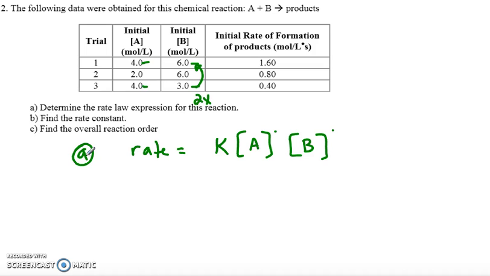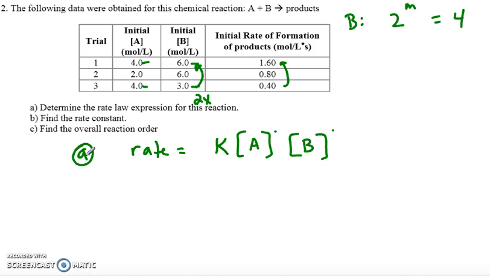So I'm going to do a little scratch work over here. This is for reactant B. If I double B from 3 to 6, what is the resulting effect on the rate? Well, you can see here that 1.6 divided by 0.4 is going to give you a rate increase of 4 times. So what do I need here?